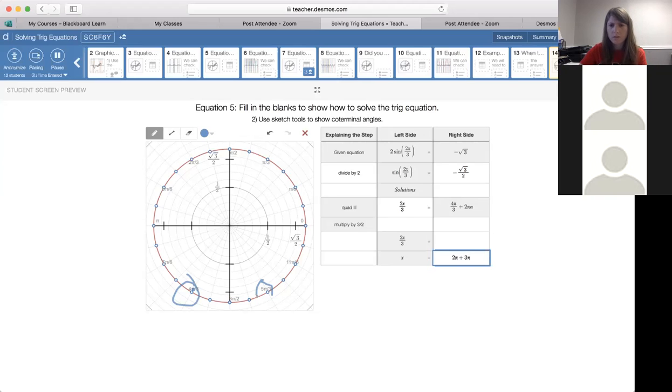Now, on this one, do some scratch work, and I'm going to double check it here to make sure I'm doing the right thing. I've got 4/3 times 3 halves, so that gives me 2 pi. And then I'm doing the 3 halves times 2 pi, and that gives me the 3 pi. Put your n on the last one as well.